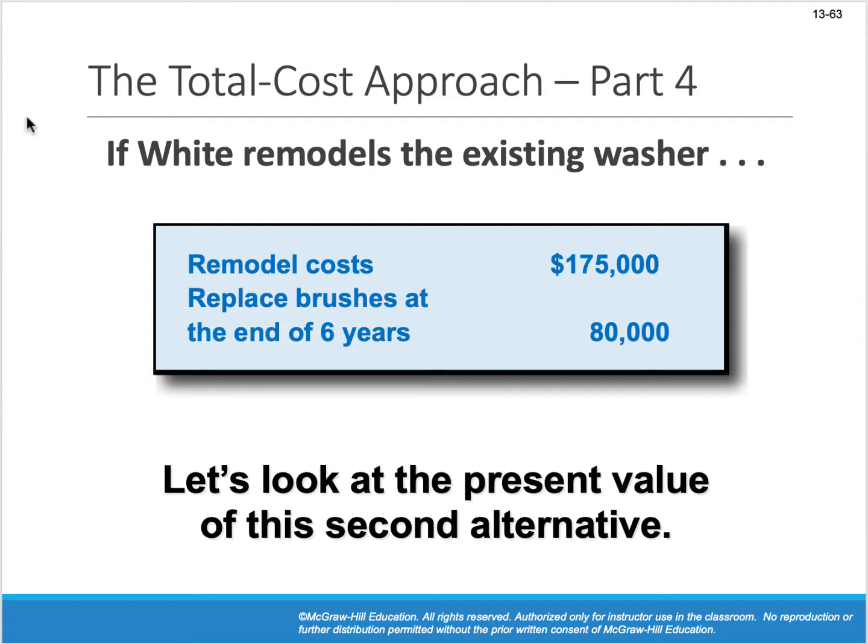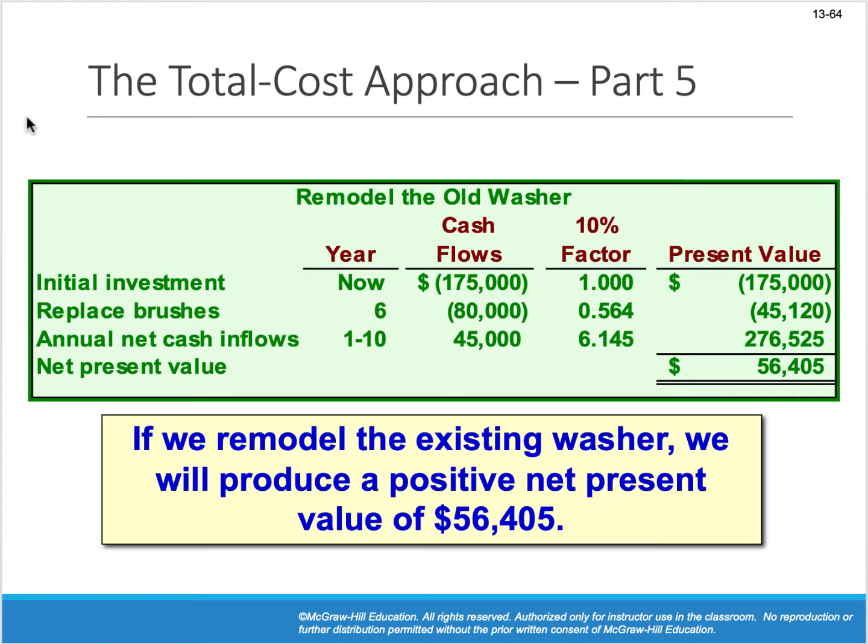The replacement costs for the brushes at the end of 6 years is going to be $80,000. Very simple. We take all our cash flows, figure out when they occur, and then figure out what our net present value is. So based on remodeling the old car wash, our net present value would be $56,405. Okay?